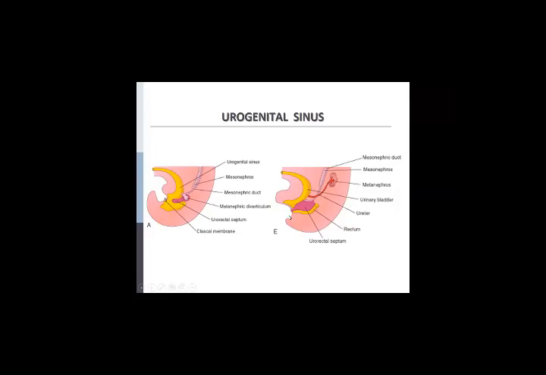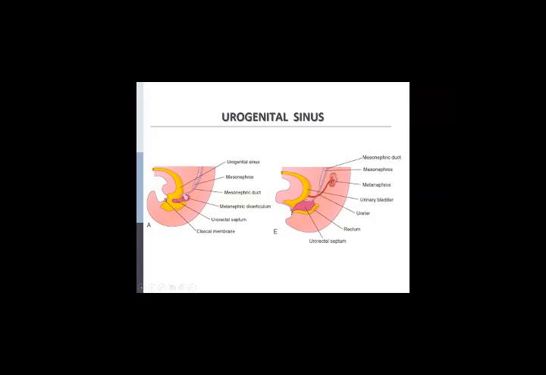The dorsal part is the anal membrane. So the cloacal membrane gets divided into two: a ventral part, the urogenital membrane, and a dorsal part, the anal membrane.